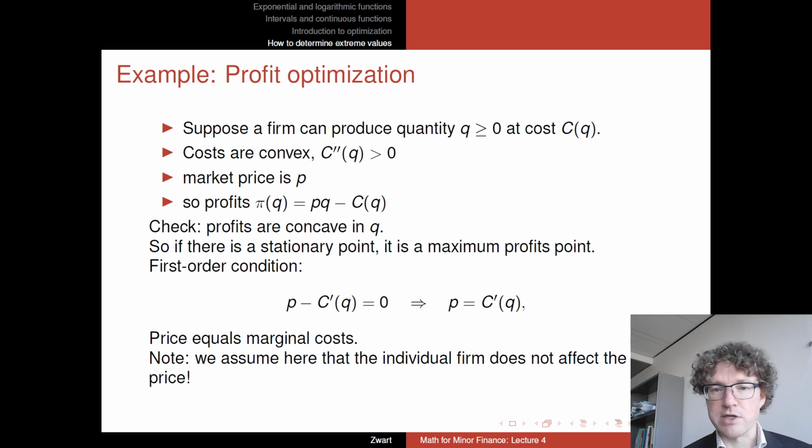That should not be a surprise, because we're looking at a price-taking firm. We assumed here that price is just given, it's constant. It's not affected by quantity, which would be the case for a monopolist. But for a price taker who takes this price P as given, not affected by its own production decision, indeed price equals marginal cost gives the maximum profits.